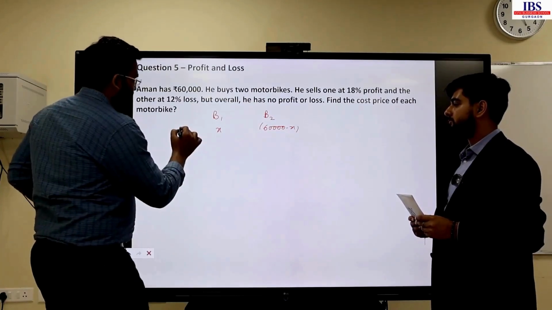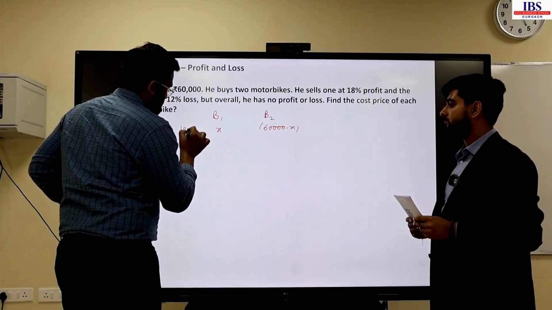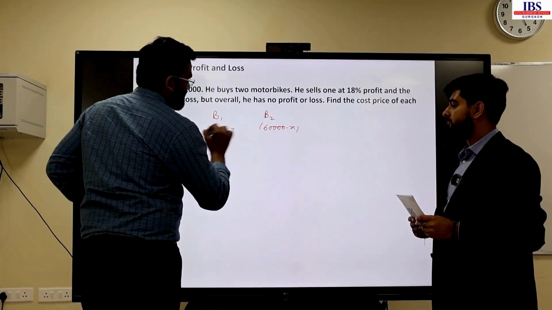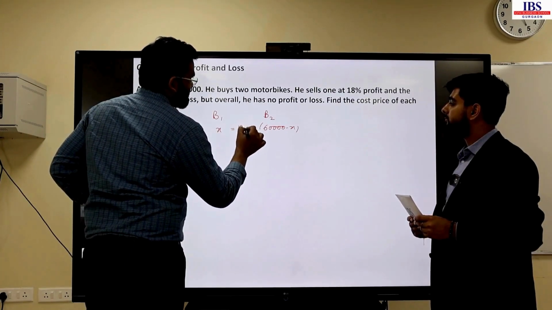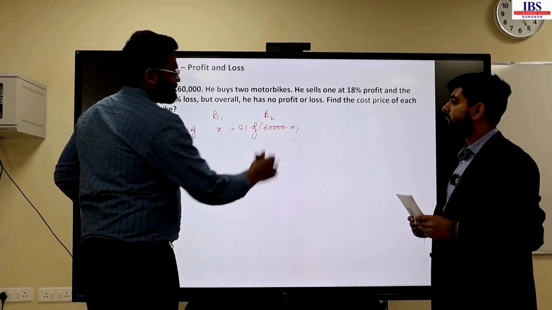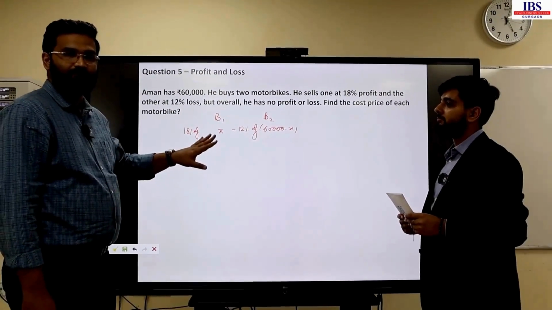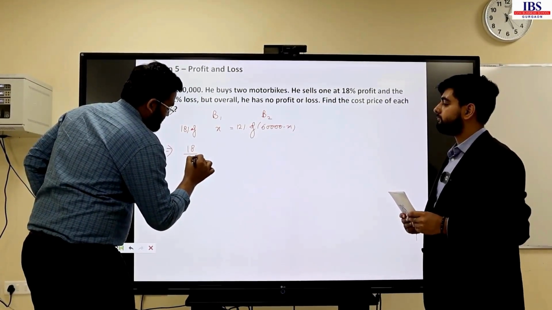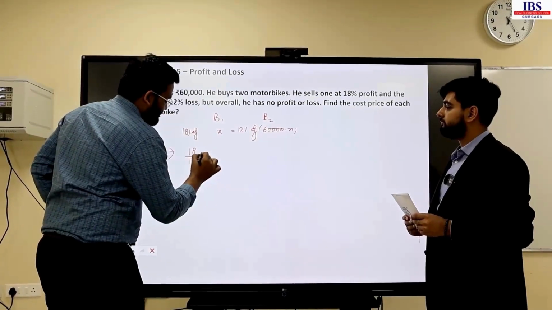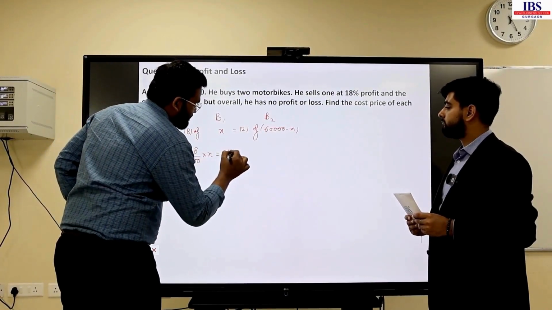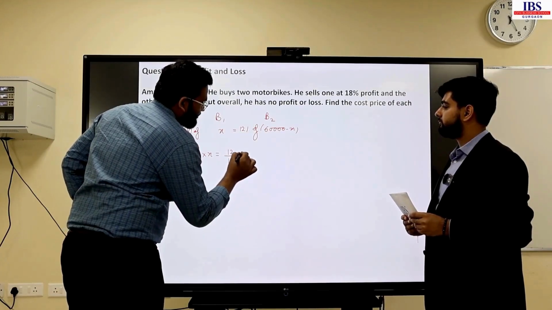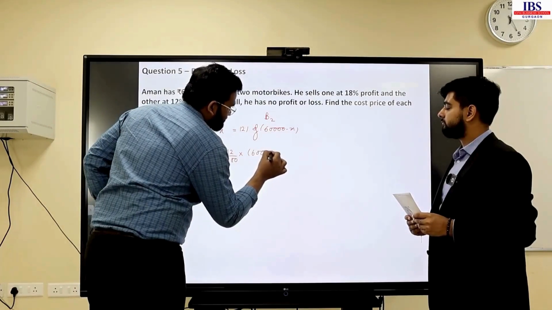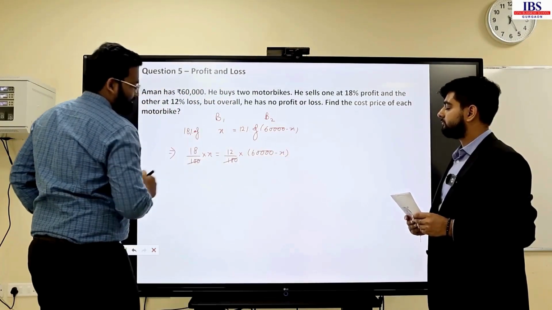It means that 18% of X is equal to 12% of (60,000 minus X). This is the equation. Removing the percentage sign, 100 comes in the denominator: 18 upon 100 into X is equal to 12 upon 100 into (60,000 minus X). 100 and 100 will cancel out.